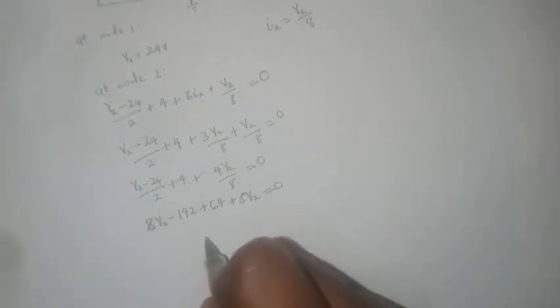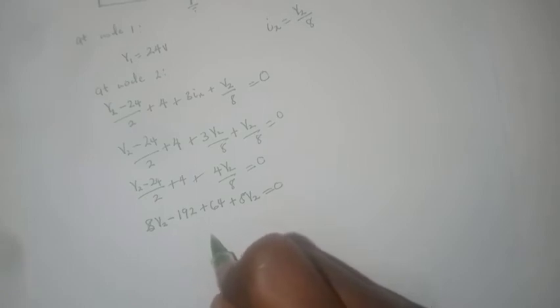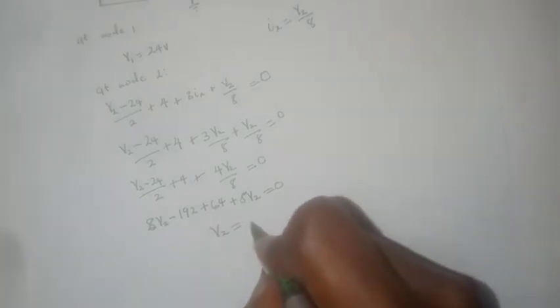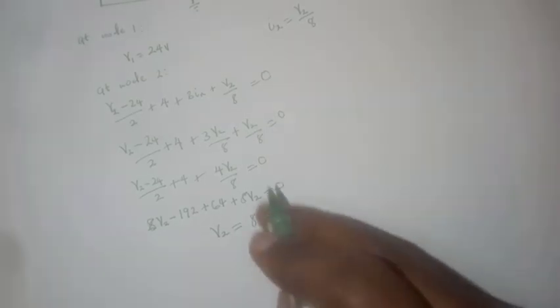If we solve that equation, we arrive at V2 equaling 8 volts. So now we know that V2 is equal to 8 volts.